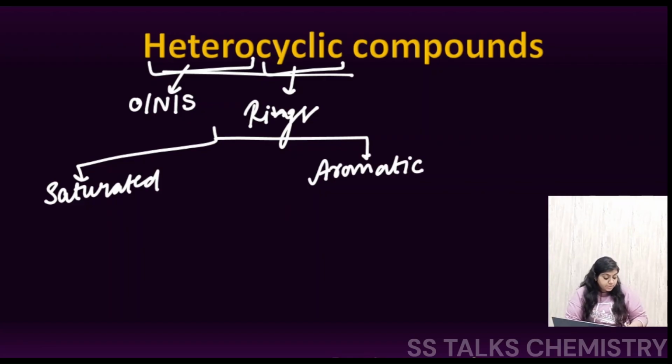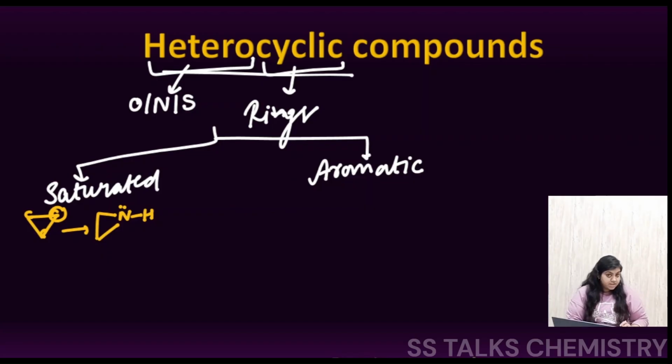Now the examples of saturated heterocyclic compounds. Suppose we have a three-membered cyclic ring where all the atoms are carbon. If I replace one of the carbon atoms with nitrogen, one hydrogen will be there because nitrogen is trivalent, so it has to make three bonds.